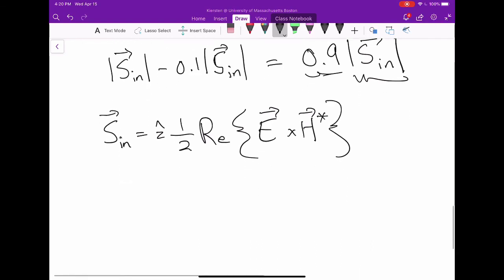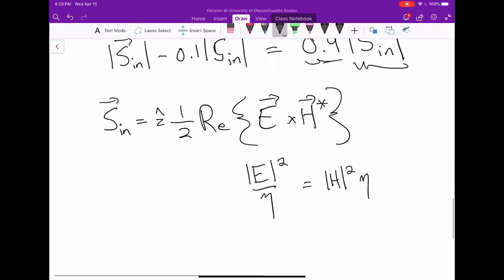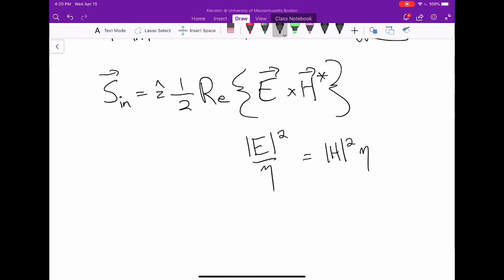Since this is a plane wave, though, we know that E cross H star is also equal to magnitude of E squared over eta, and that's also equal to magnitude of H squared times eta, because of the relationships between E and H. So since the magnitude of H is 100, we're going to use that.